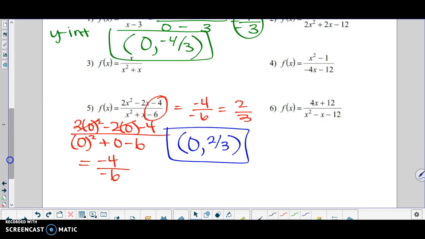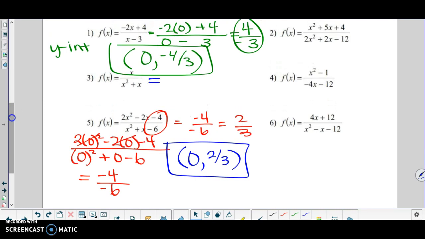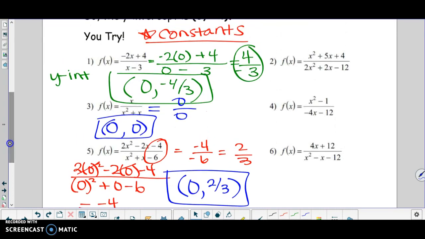All right, let's look at number 3. How would you do number 3? Is there any constants? So if I plug in 0 here, what's going to be in my numerator? What's going to be in the denominator if I plug in 0? So the y-intercept is at 0, comma, boom. What about number 4? What are my constants left over? Negative 1 over negative 12.